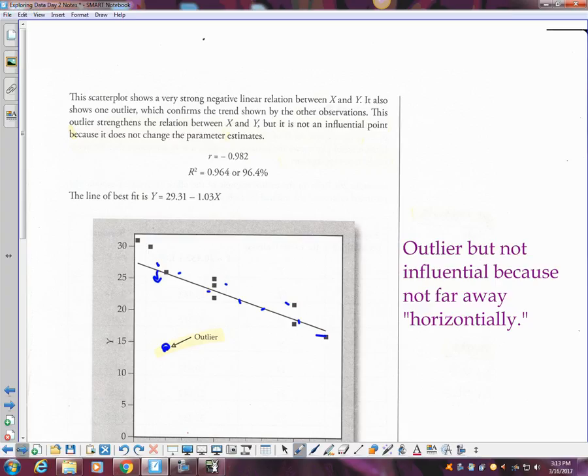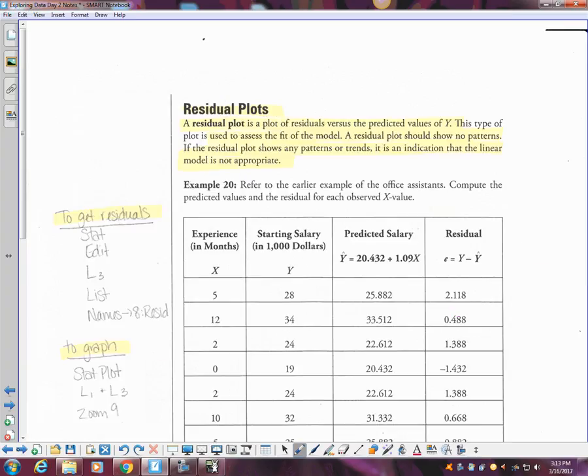Okay, the last thing we need to talk about are residual plots. A plot of residuals versus the predicted values of y. This is used to assess the fit of the model. I don't know if you guys remember, but when you plot your residuals, you need to make sure that there's no pattern in your residual plot. You want it to be completely random. If you have a pattern or trend, then the linear model is not appropriate.